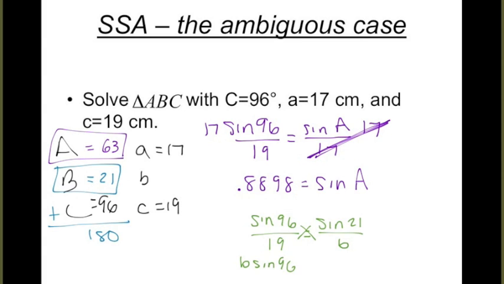So B sine 96 equals 19 sine 21. And divide by what is with your variable. So then on the calculator, 19 sine 21 divided by sine 96 gives about 6.8 for the third side of this triangle.